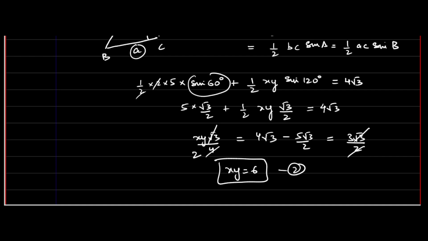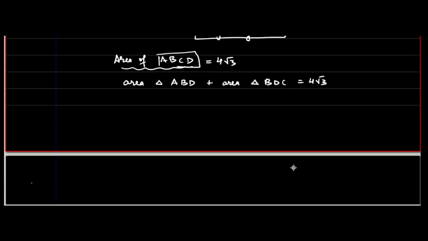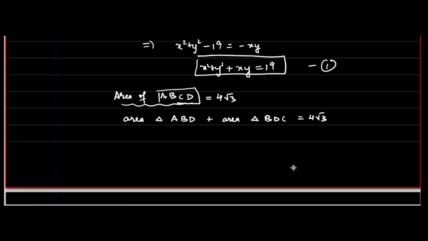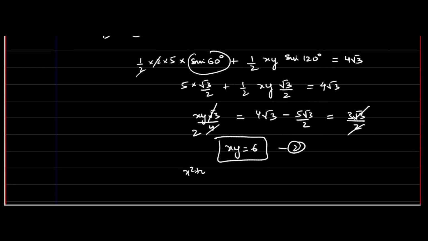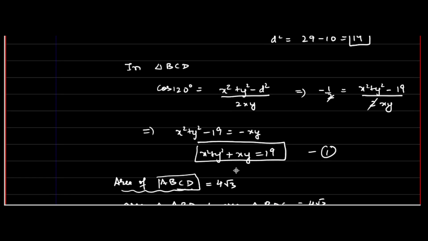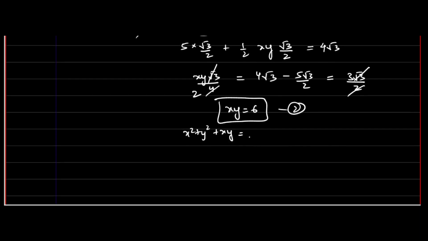So we'll refer to condition 1 and condition 2 and focus on finding x plus y. x square plus y square plus xy is how much? 19. This is our condition 1. So I'll put xy in this equation and get x square plus y square equal to 13. x square plus y square can be written as x plus y whole square minus 2xy.